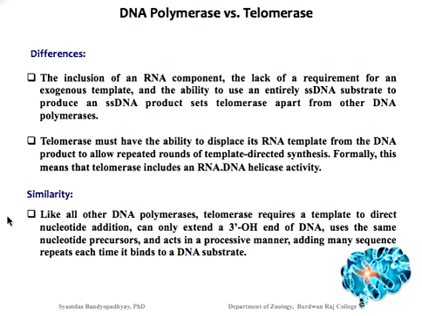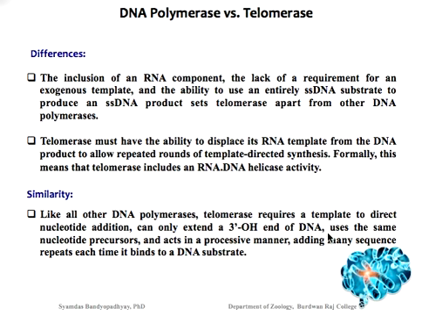Now there are also certain similarities between DNA polymerase and telomerase. For example, both the DNA polymerase and the telomerase require a template, so they are template dependent to direct the nucleotide addition. Second, they can only extend a 3' hydroxyl group at the end of the DNA. That means both of them cannot initiate DNA synthesis de novo.